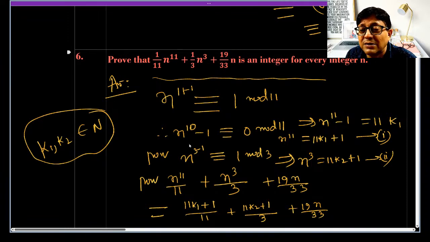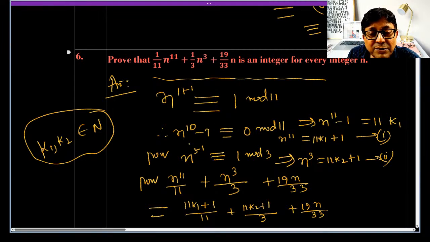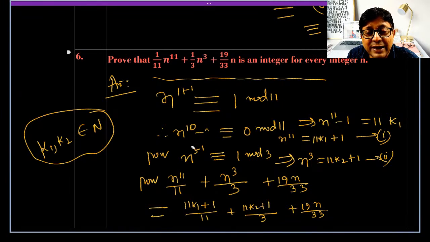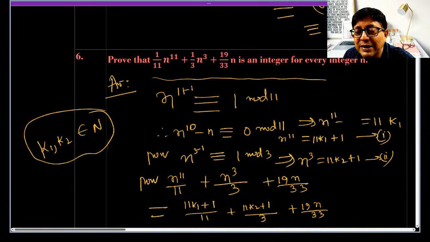If you multiply both sides by n, this is going to be n to the power 11 minus n, that is 11k1. So this is plus n over there.